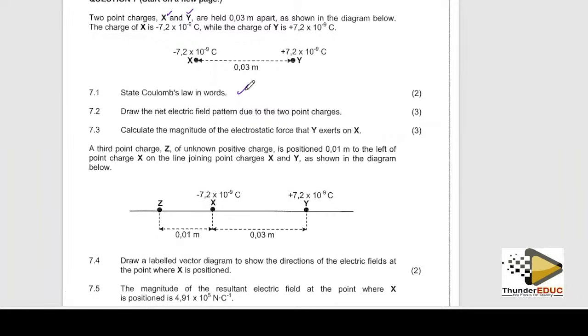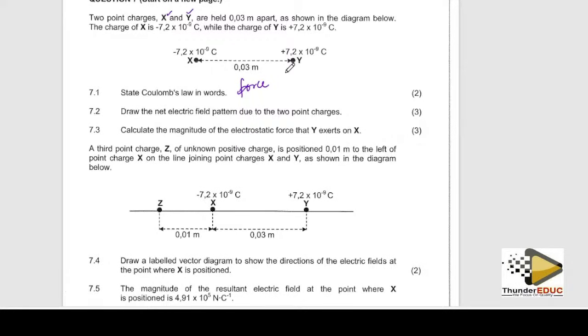Okay, so we know that for any 2-point charges placed next to each other, the force between the charges is directly proportional to the product of the magnitude of the charges and inversely proportional to the square of the distance apart.